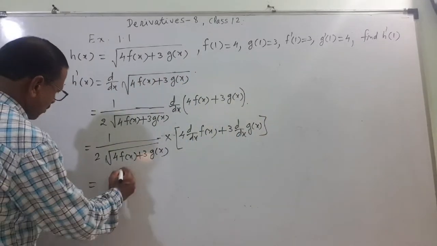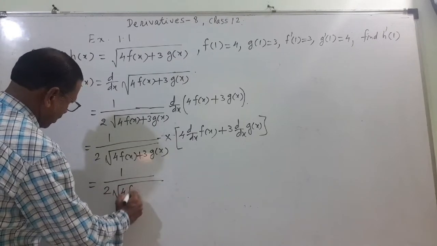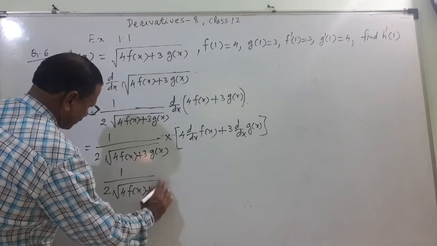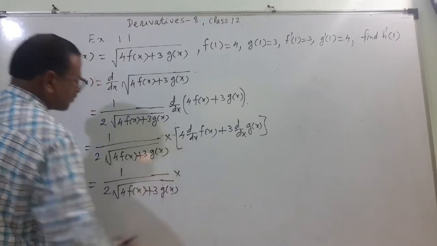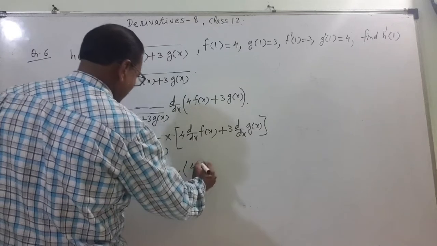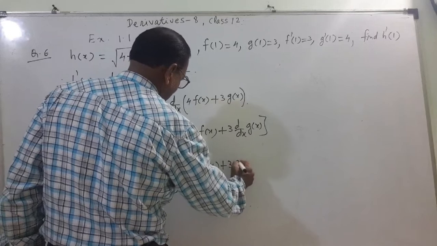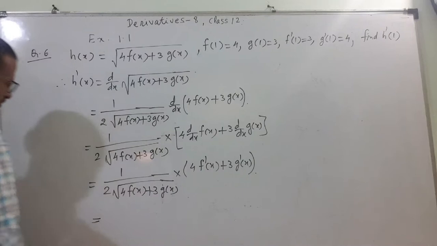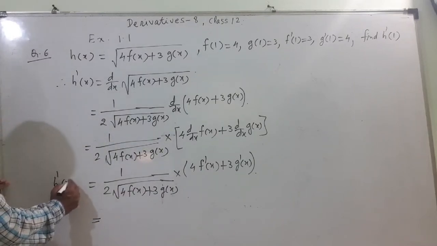That is equal to 1 upon 2 under root 4 into f of x plus 3 into g of x, into 4 into f dash of x plus 3 into g dash of x. So h dash of x is equal to this.